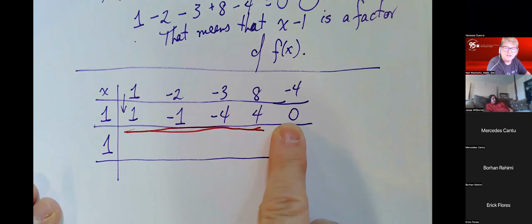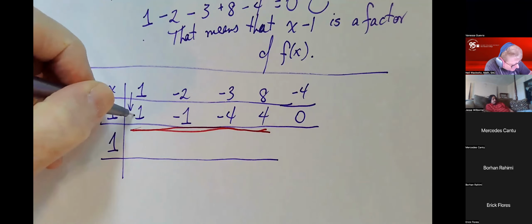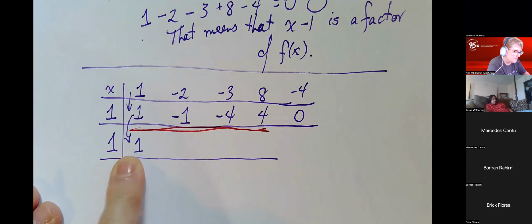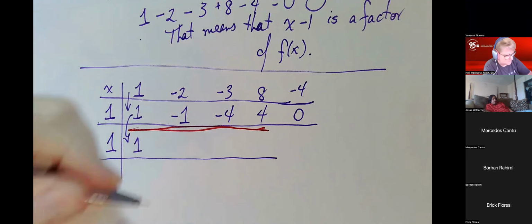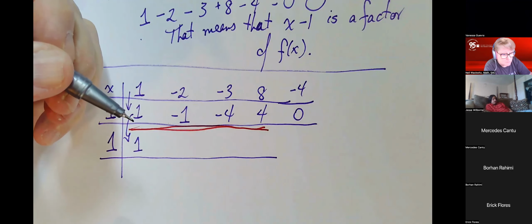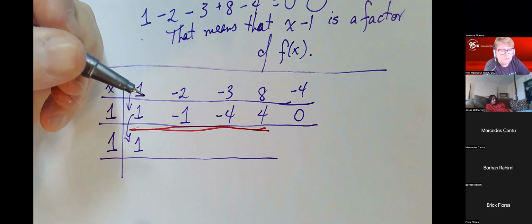And since we got a 0 remainder, I can plug into these new numbers. So I'm going to bring down this one. We get 1 minus 1. Oh, 0.